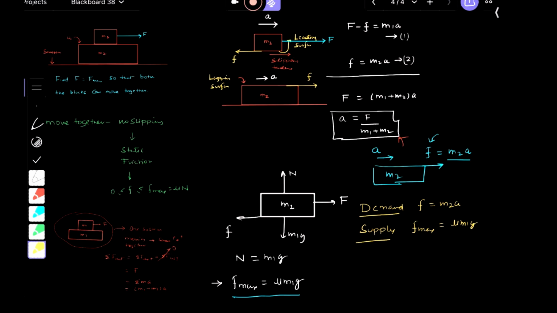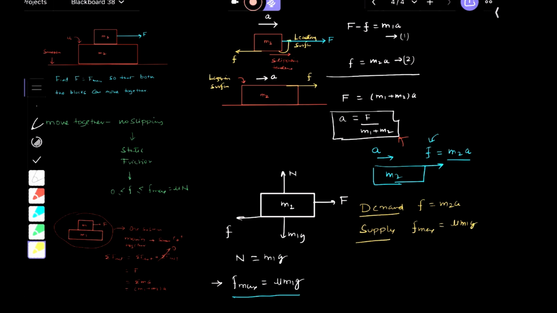But if friction force is going to give you 15 only at maximum, and you demand 20, then it can't provide. Then M2 will not be able to move with the acceleration with which it must move so that both the blocks can move together. So the objects M1 and M2 will not move together, they will slip over one another.